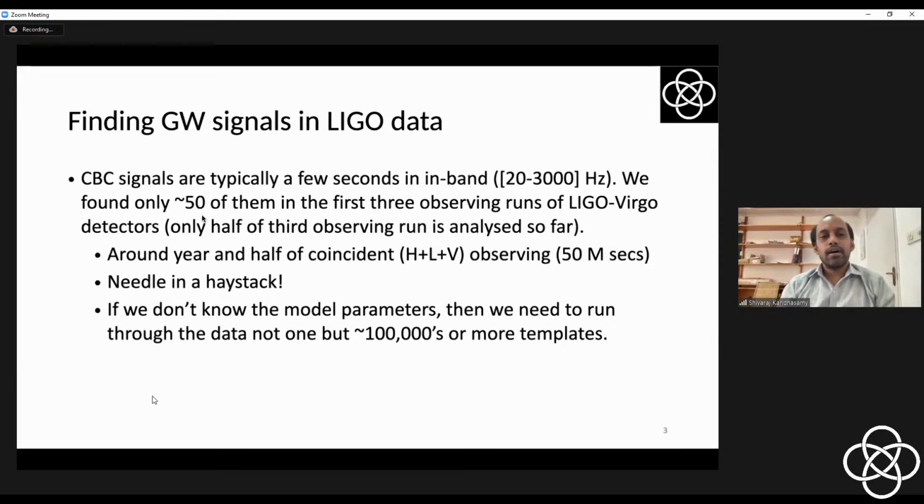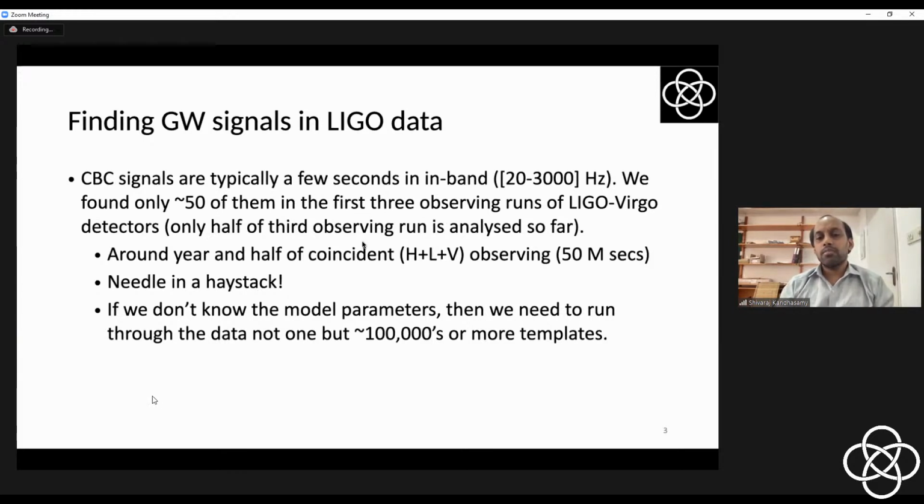So far we have detected around 50 of them. Generally, these signals last a few seconds in the detection band of LIGO, from 20 hertz to a few kilohertz. This is for the 3 observing runs.